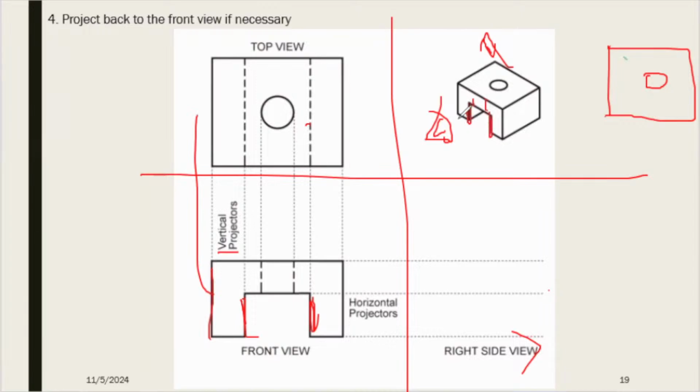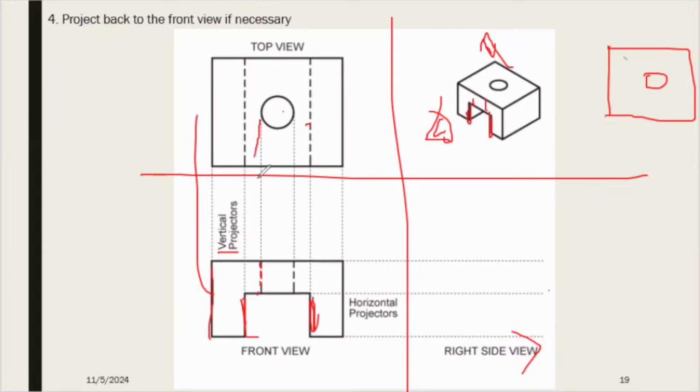So if you mention this dotted circle from the dotted lines, viewer knows that somewhere in the object it has a circle or a hole, right? So this is a hole actually, not a circle. So what we have to do is we have to project back that one to the front view.